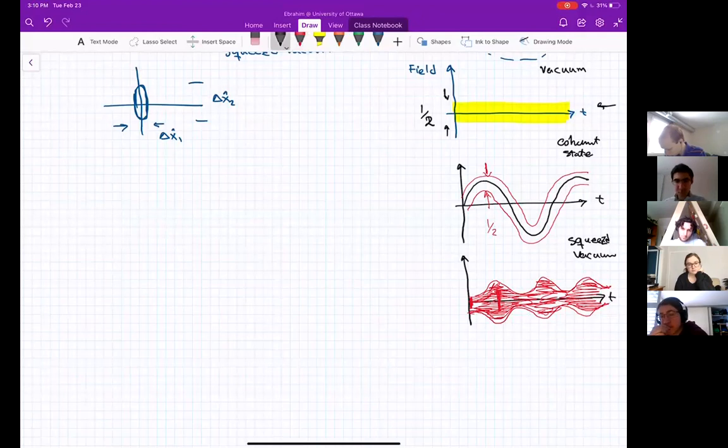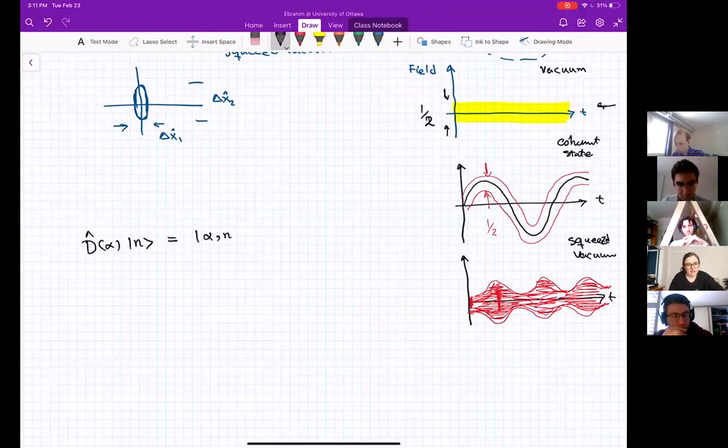And before going there, there are also some other states which can be useful. So one of them is what we call the photon number added coherent state, because you can have a coherent state acting on any photon number, okay? You can do that, and this is what we call alpha and n.